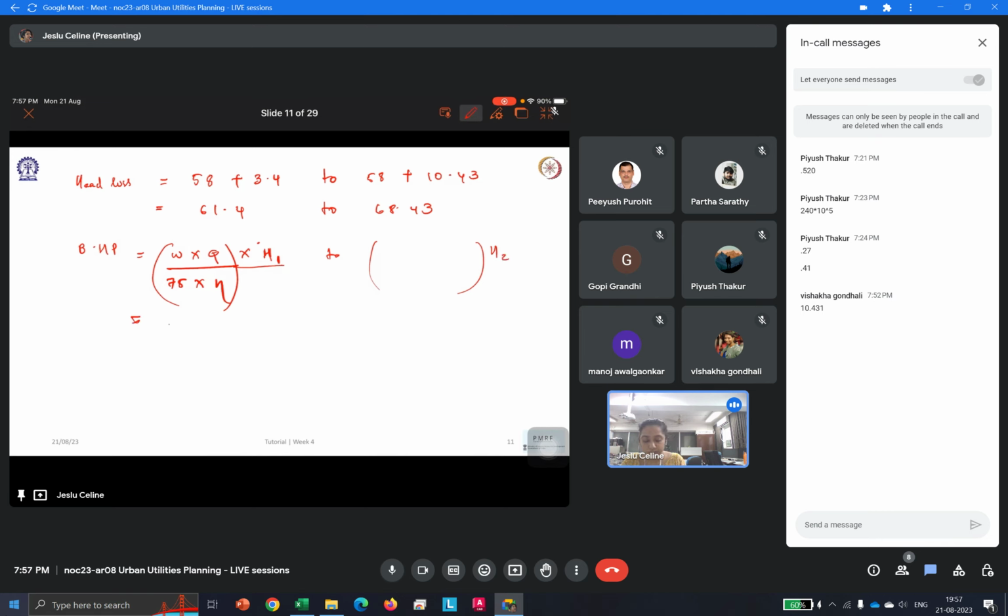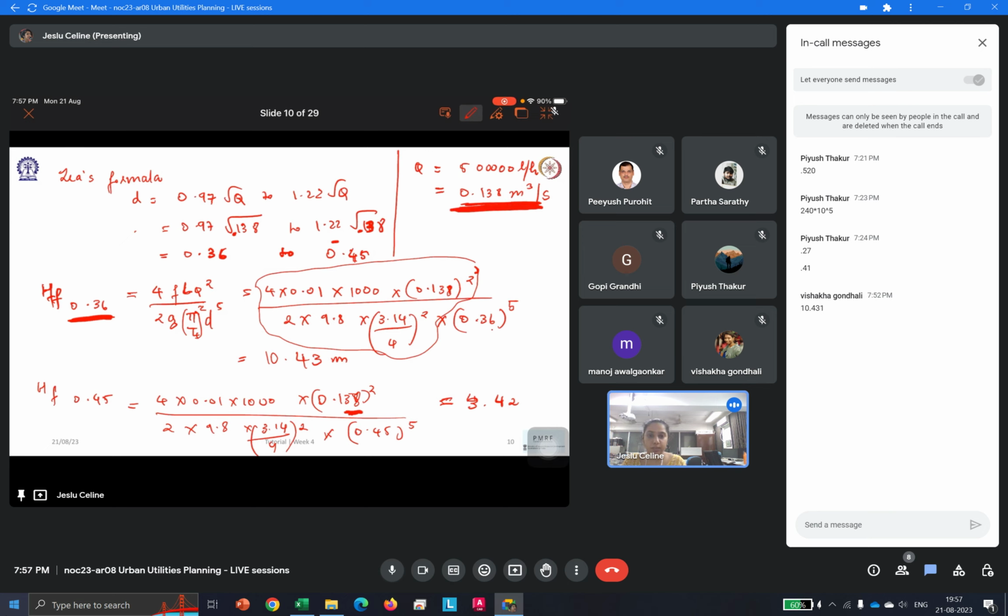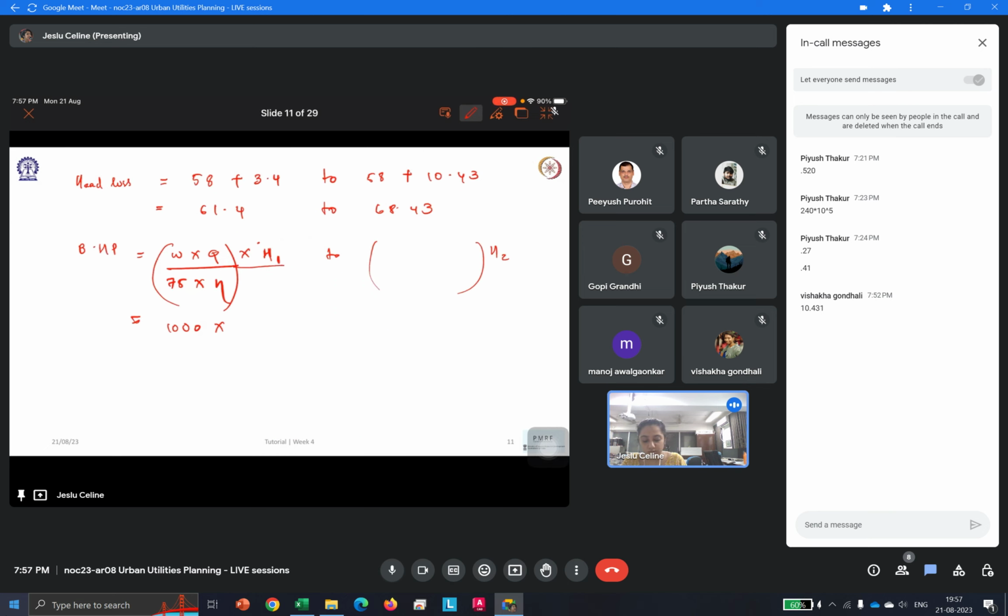So this one would be now 1000 into Q. What did we get Q as? It was 0.138 meter cube per second. So 0.138 divided by 75 into efficiency, it's given as 90%. So 0.9. In the first case, this will be multiplied with 61.4, and this whole term would repeat over here, and that would be multiplied with 68.43.